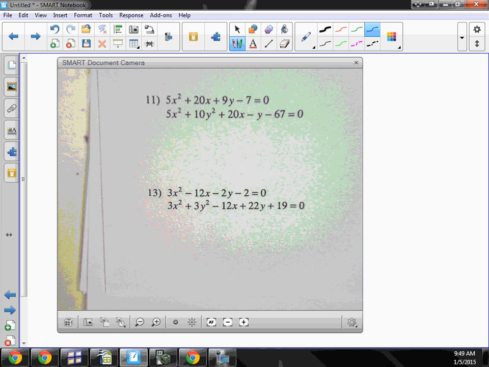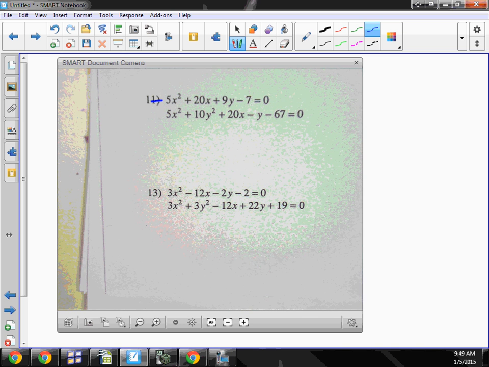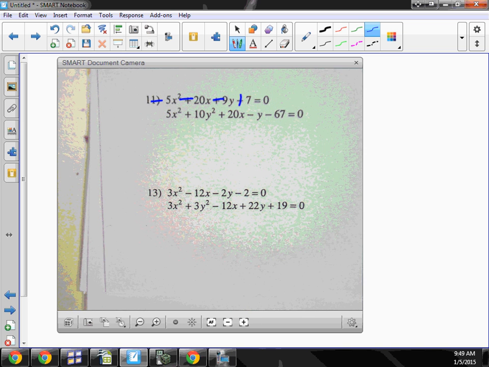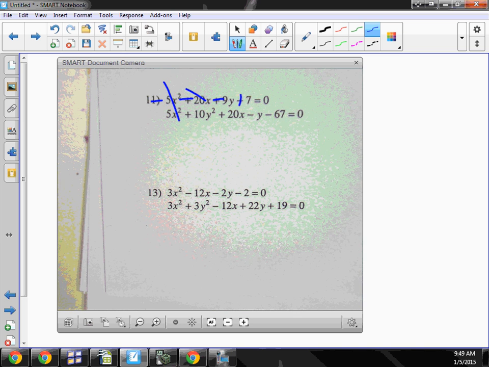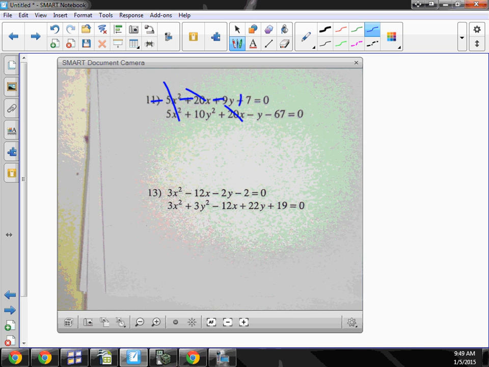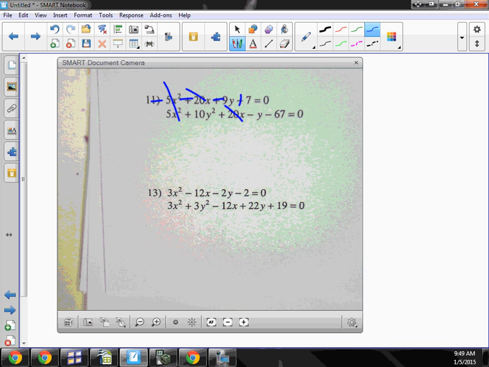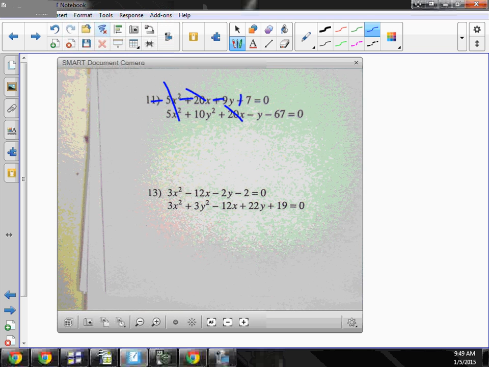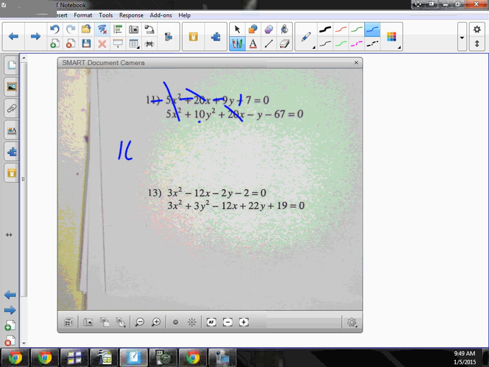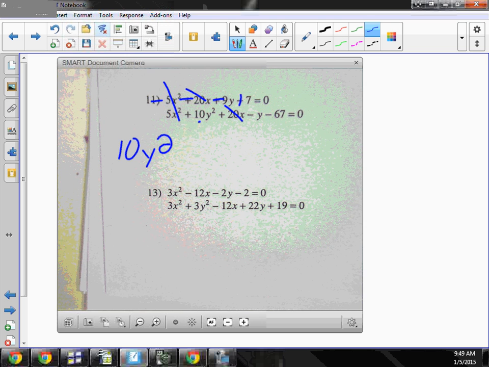Times the top or the bottom by negative 1. So that turns into negative, negative, negative, positive. So those cancel. Those cancel. What am I left with? 10y squared minus 9y.